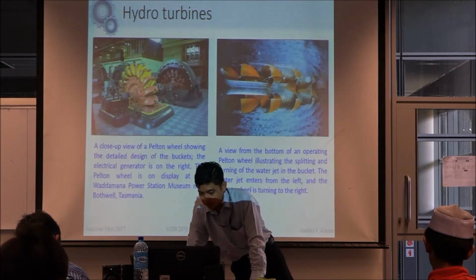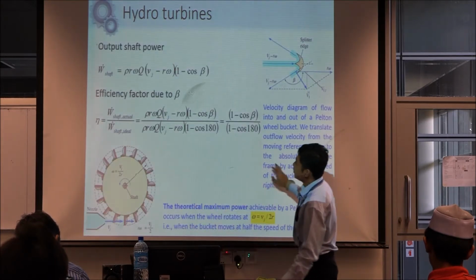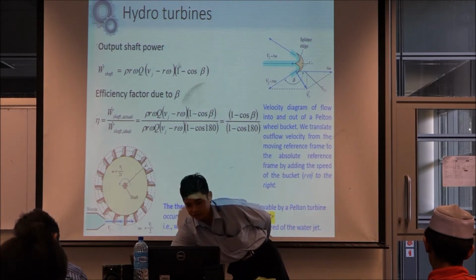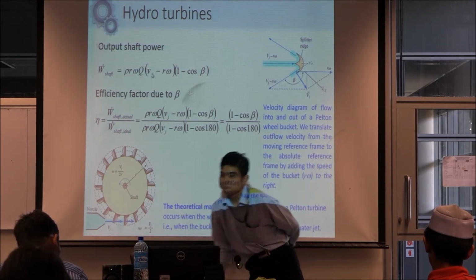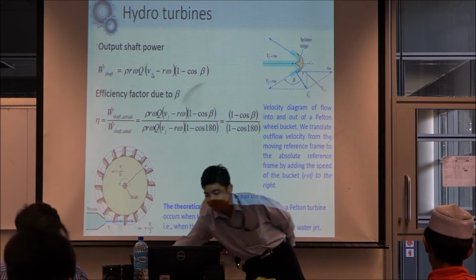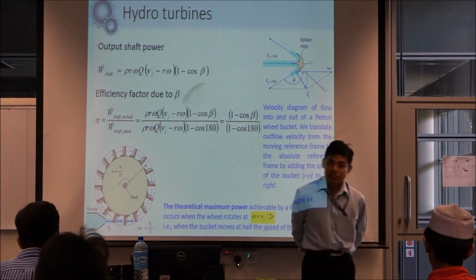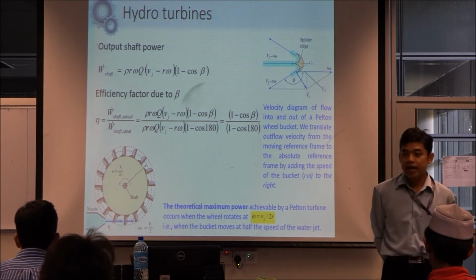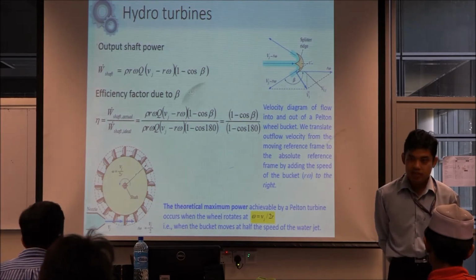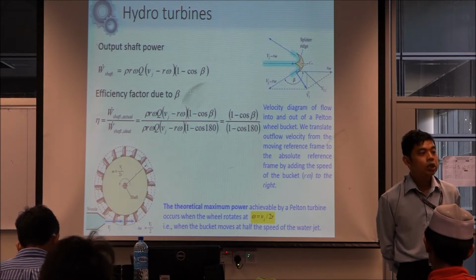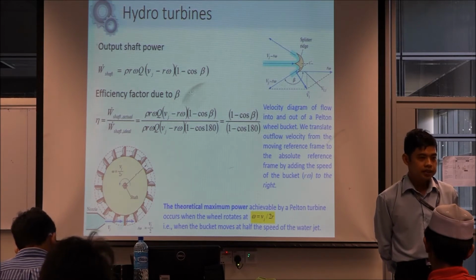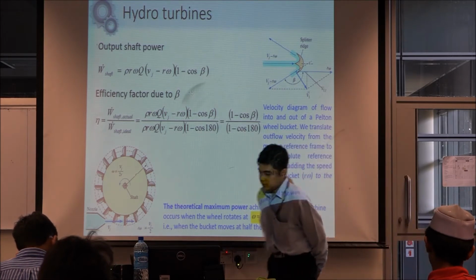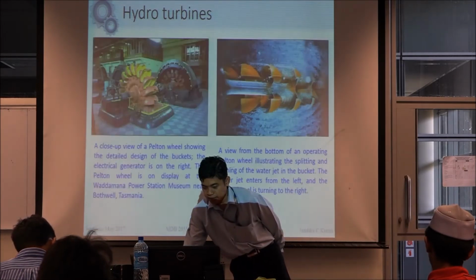If you look at your turbine, the output shaft power is a function of, see that one? Jet velocity. So you want to get the jet velocity as high as possible. That's why we have the nozzle. That is the only reason why you need the nozzle.